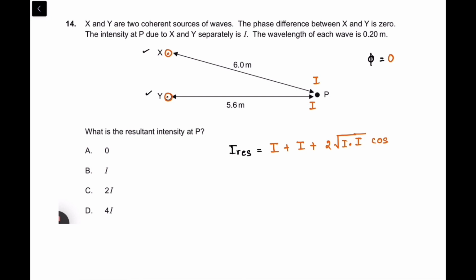What is cos phi? Phi is 0, so cos 0, right? Just applying the relation to solve the problem. So the resultant intensity at point P would be equal to 4I, and the option will be option number D.